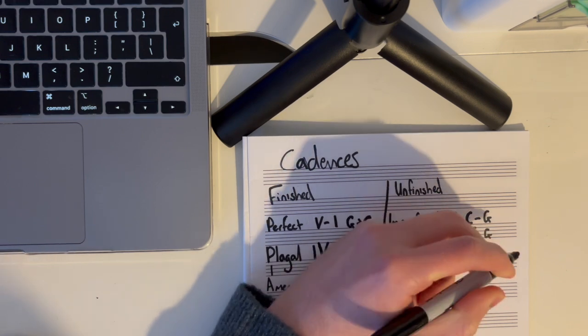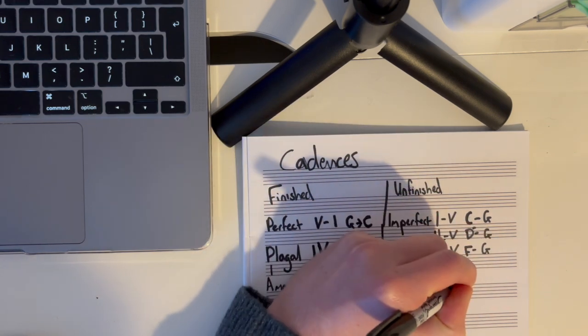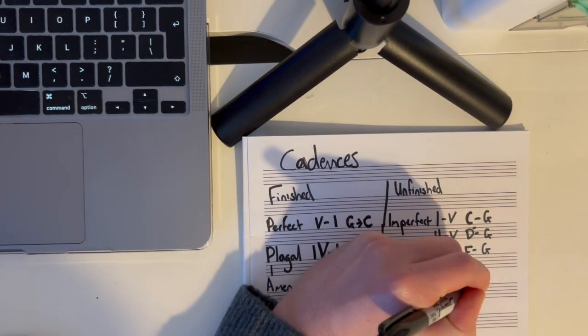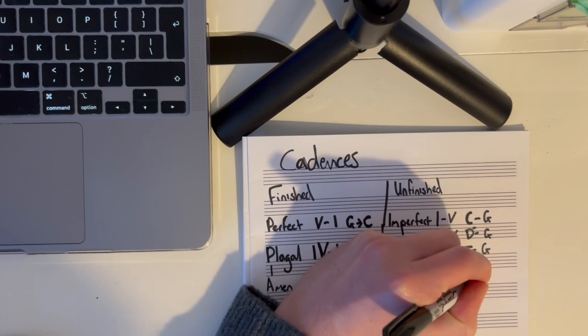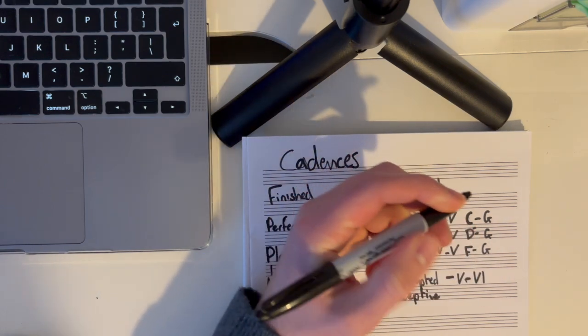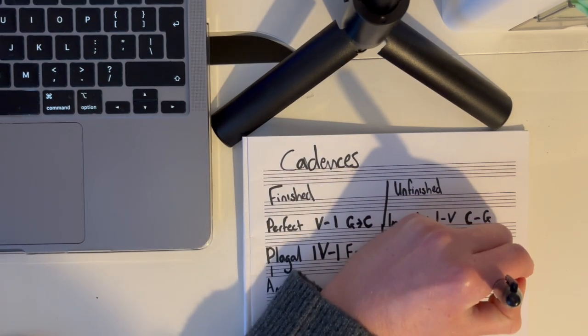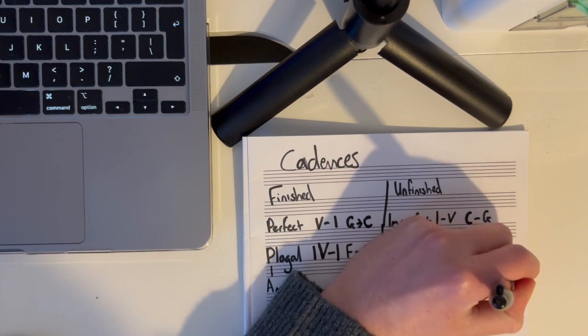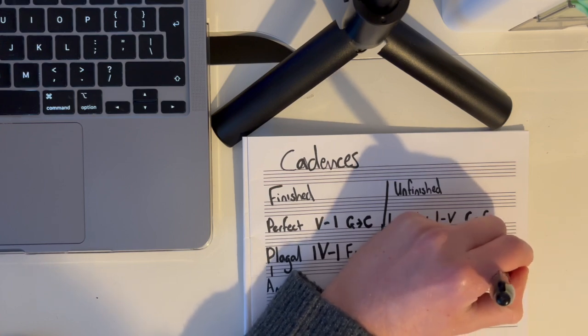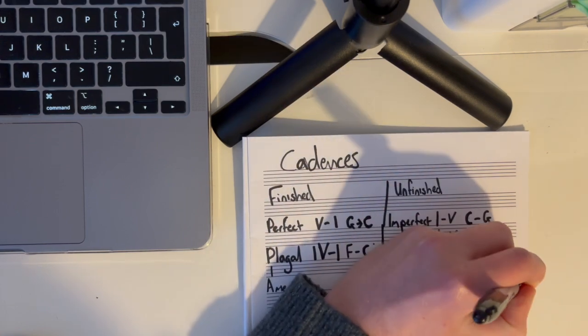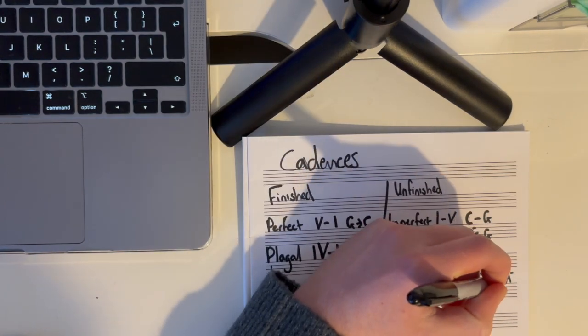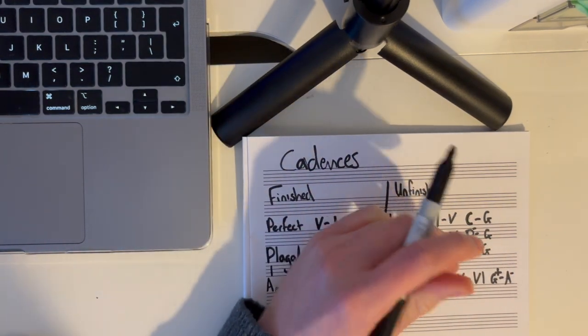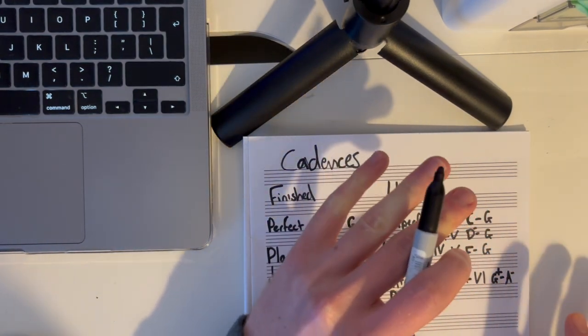And this one is when we have 5 to 6. So in the key of C, that would be G major to A minor, so G, we'll do plus for major, minus for minor. So G major to A minor, and that sounds really kind of, oh, what's going on?